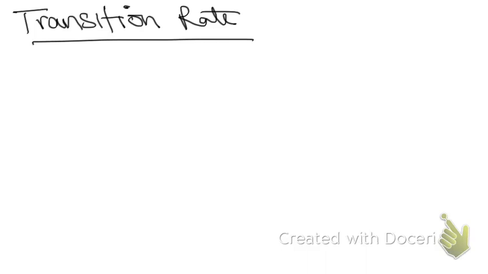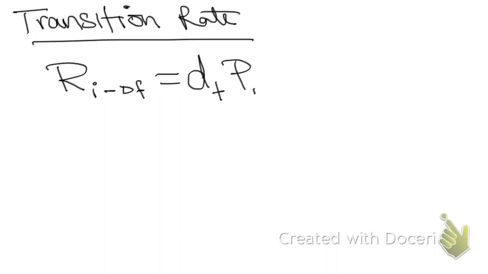So we can write that as my transition rate, R from i to f. This is the transition rate. That is simply going to be the time derivative of my probability function, the transition probability as a function of time. This is time over here, right? Okay.